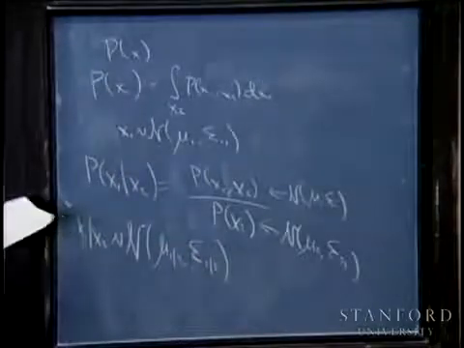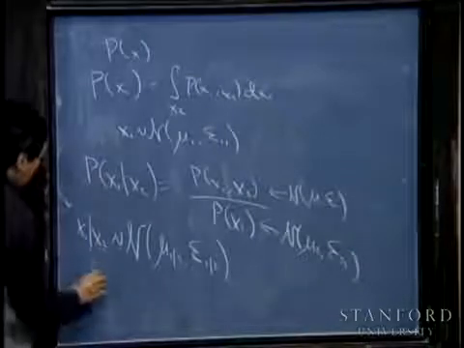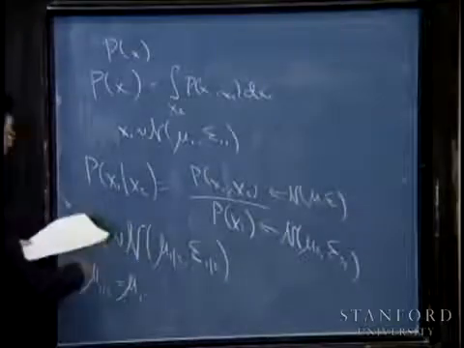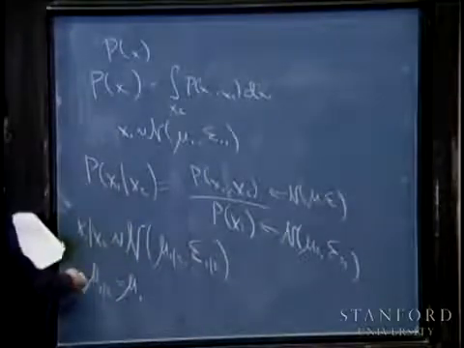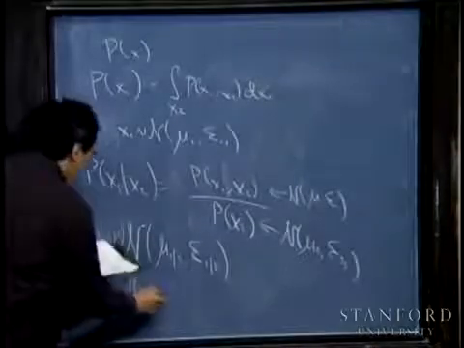It will have mean mu of 1 given 2 and covariance sigma of 1 given 2. After simplification and a derivation that I'm not going to show, the formula for mu of 1 given 2 is given by this.